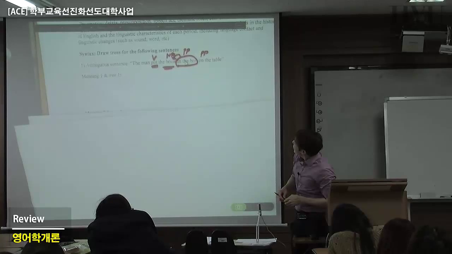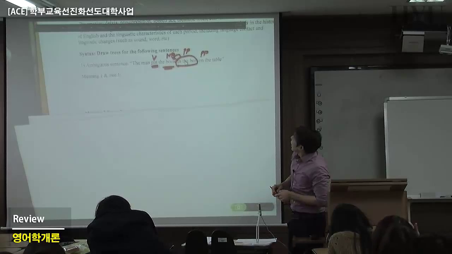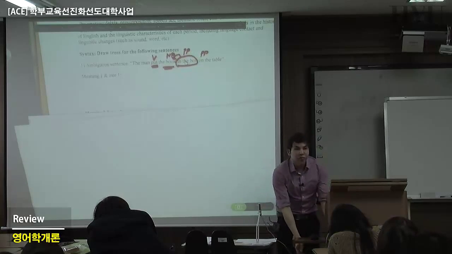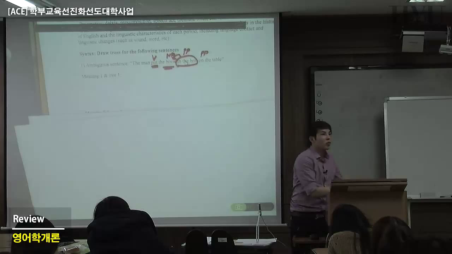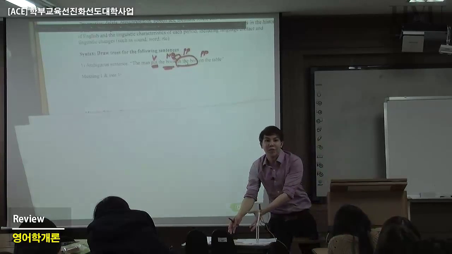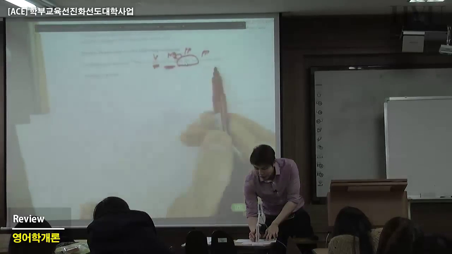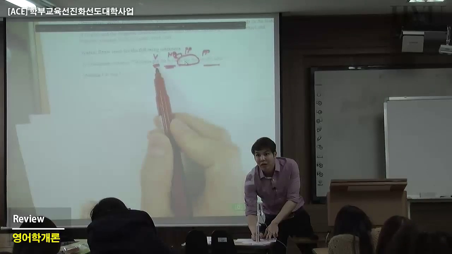The second interpretation is the man put the book in the box here. The box could be on the floor. And then the man put the book in that box on the table. The box is not on the table. So in that case, put on the table modifies put, right? Put where?